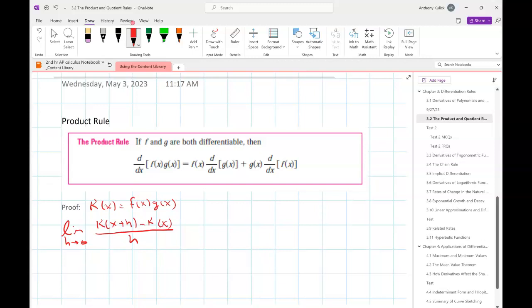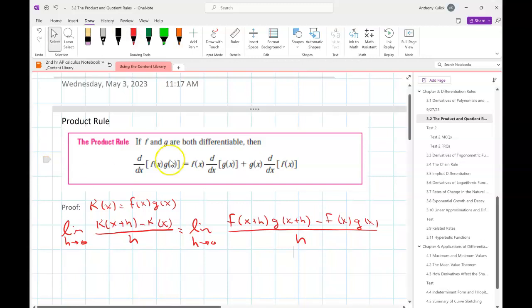Okay, so I'll go ahead and evaluate h of x, which is f of x times g of x. Okay, so far so good.